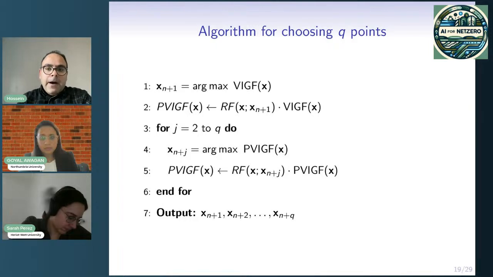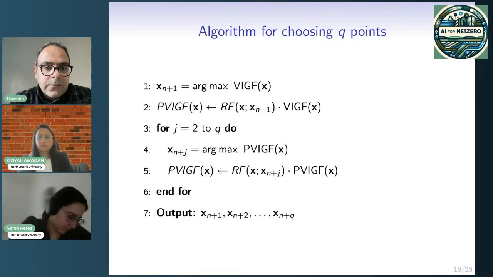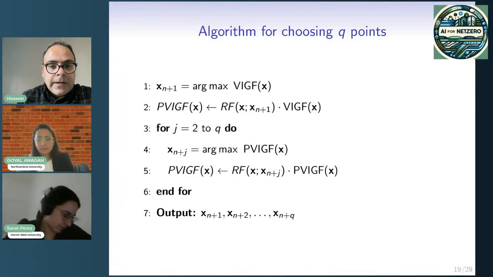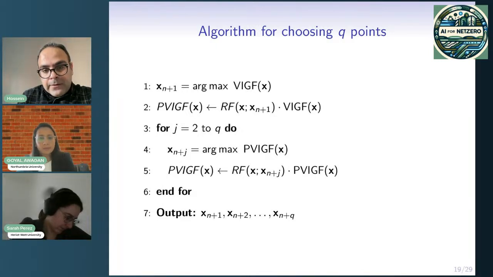I think looking at this algorithm can be helpful. So again, we have already sampled n points, and as usual, we optimize VIGF to obtain xn plus 1. Now we can create PVIGF by multiplying VIGF by a repulsion function at any point x, where the updating point is xn plus 1.